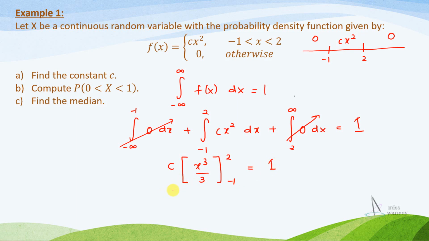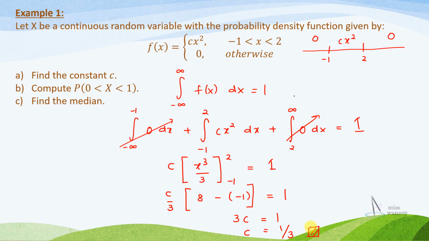Substitute the upper limit and the lower limit, we are going to get c over 3 times 2 cubed, which is 8, minus -1 cubed, so this is -1, equal to 1. So 8 plus 1 is 9, so we have 9c over 3, so 3c equal to 1, c must be equal to 1/3. So this is how we calculate the c.